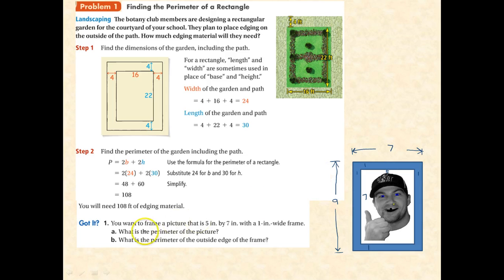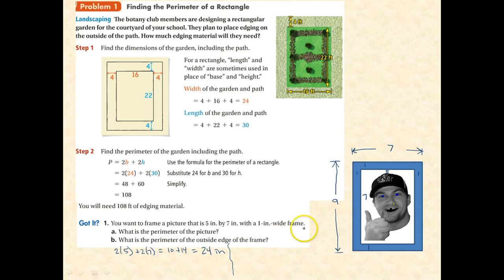So now first, what's the perimeter of the picture? The perimeter of the picture is just the 5 by 7 part. So the perimeter of the picture is going to be 2 times 5 plus 2 times 7, which is 10 plus 14, and that is 24 inches.